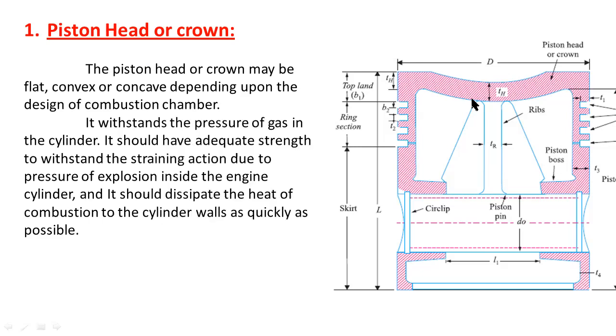It withstands the pressure of gas in the cylinder. It should have adequate strength to withstand the straining action due to the pressure of explosion inside the engine cylinder, and it should dissipate the heat of combustion to the cylinder walls as quickly as possible.